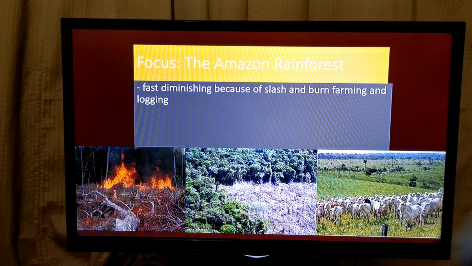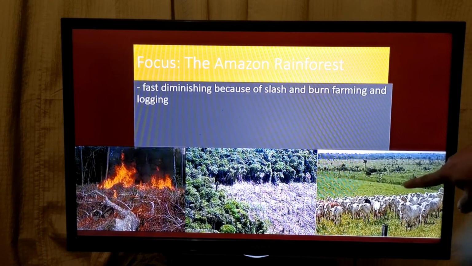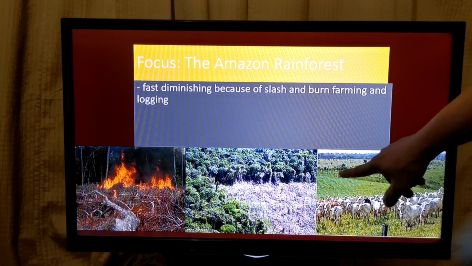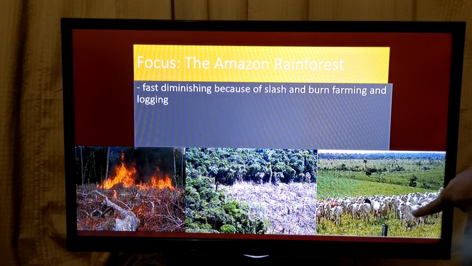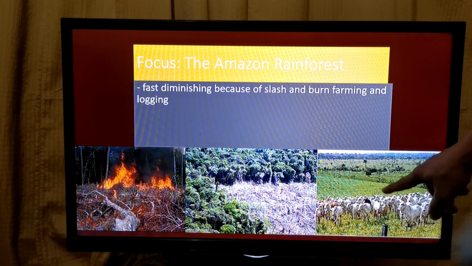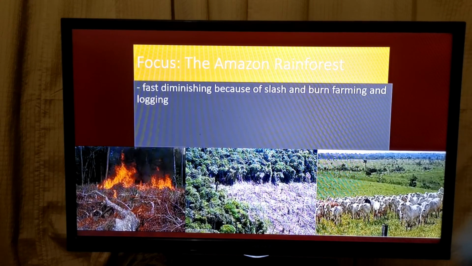And when it now grows grass, the people would bring in their cattle, their cows, because the place would be growing grass, good for the cattle. And this is money. You make the cow into corned beef and burgers. You make money out of these animals, out of the land that was burned.